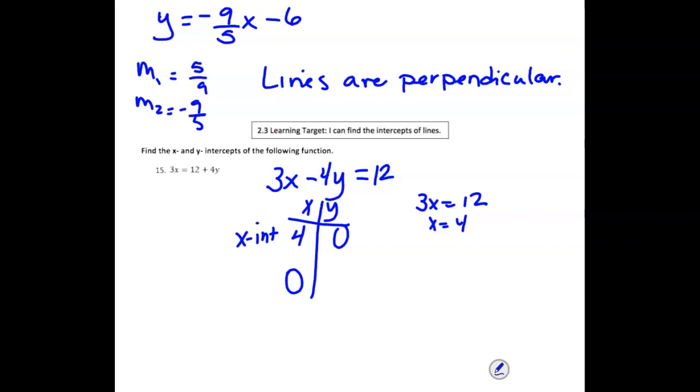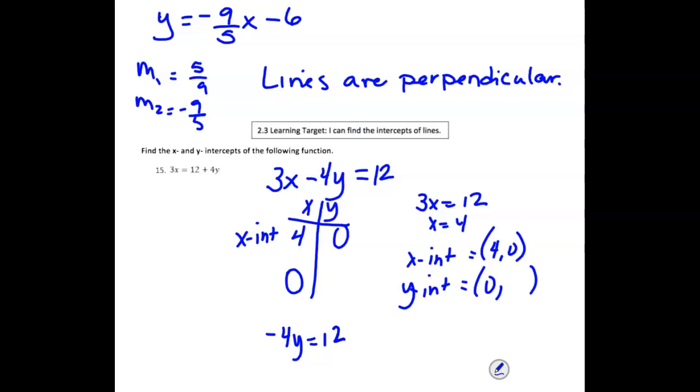Okay. Our y-intercept is the value for y when x is 0. If we put a 0 in for x, we have the equation negative 4y equals 12. So y is negative 3.